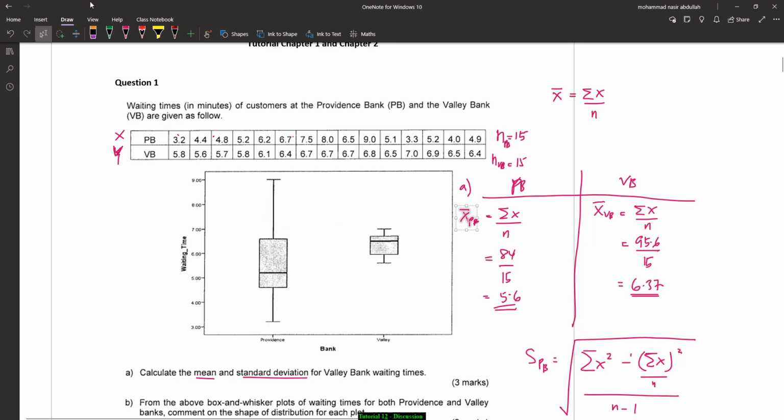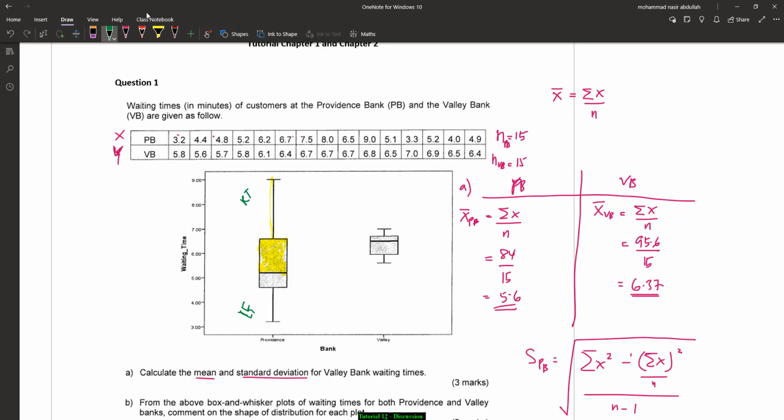So if you notice on the right hand side, the area on rectangular ni lebih besar, and the tail, the whisker also larger compared to the left hand side, right? Remember, bila you rotate, this one should be left, and this is for right, left and right.